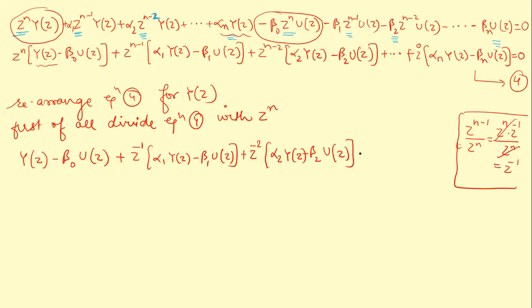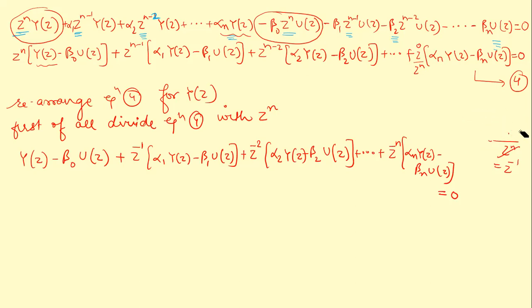And plus, so here dividing by z raised to the power n will give us z raised to the power minus n, right? This is alpha n yz minus beta n uz is equal to 0. So this we can remove from here. We'll make some space.